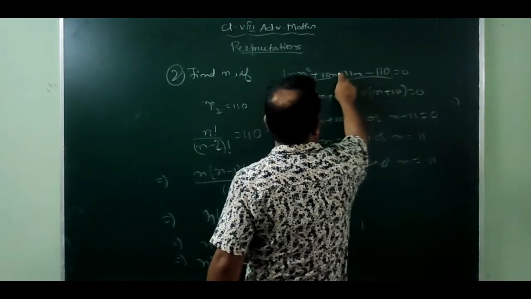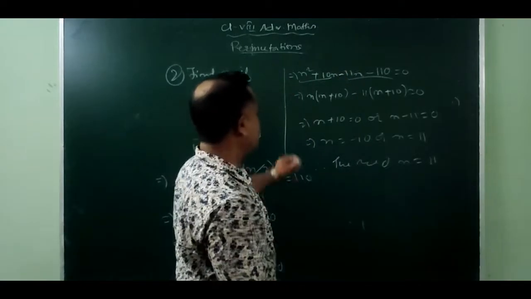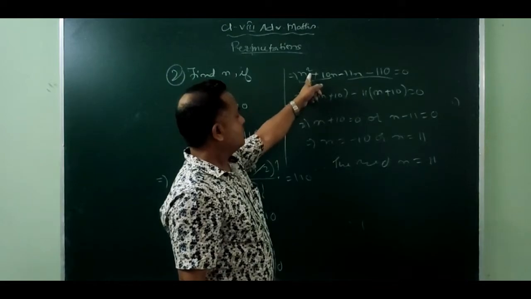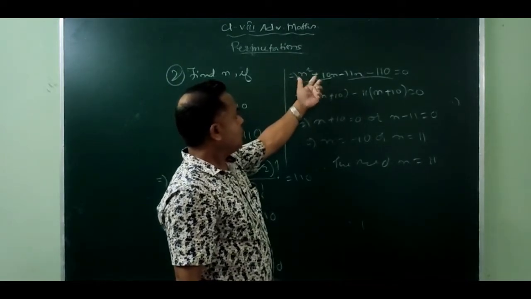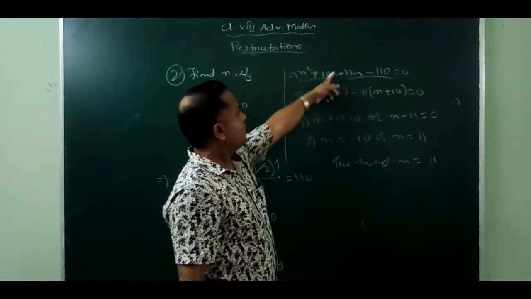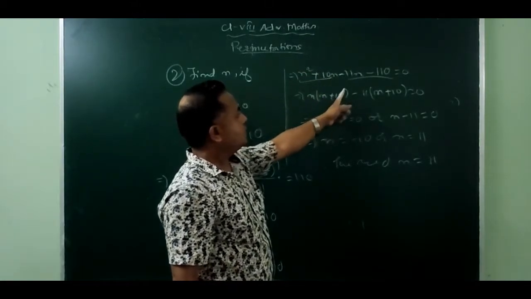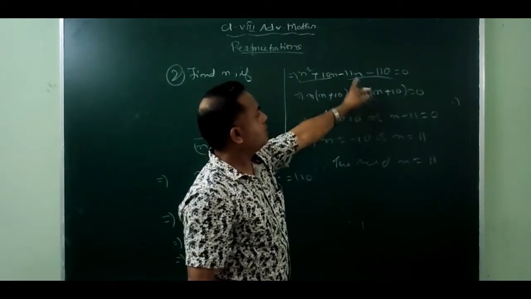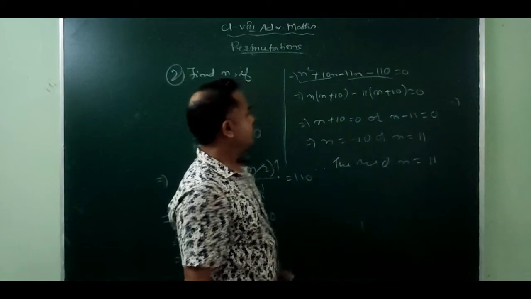The sign between these two is plus, so from there the common factor is n, and what remains is n plus 10. The sign is minus, so from here 11 is common, then remaining n plus 10.